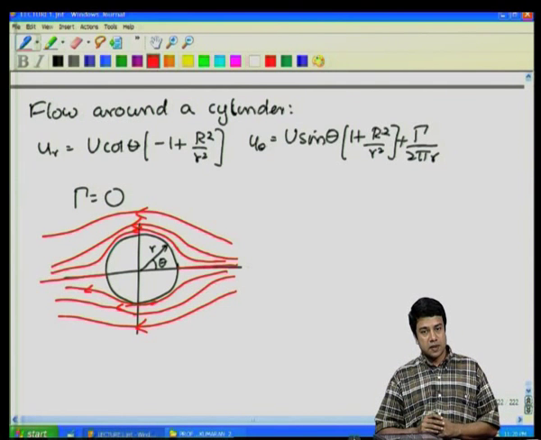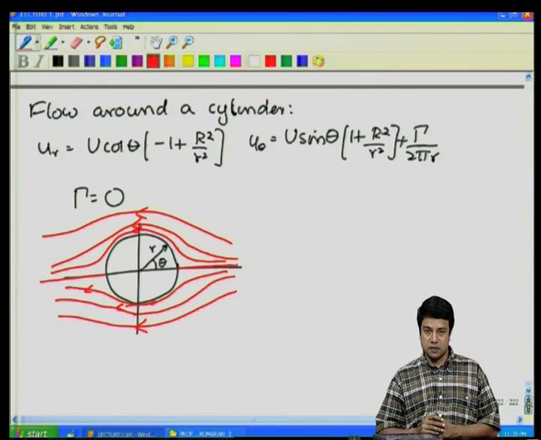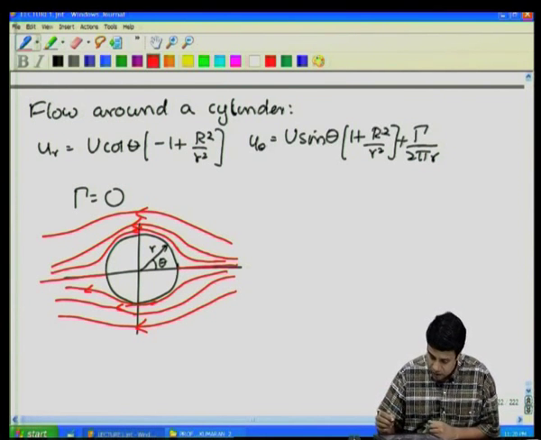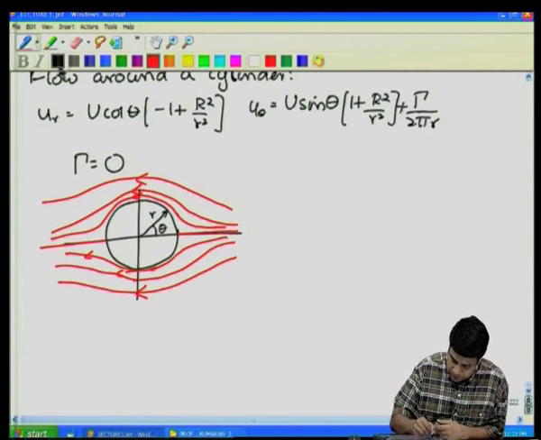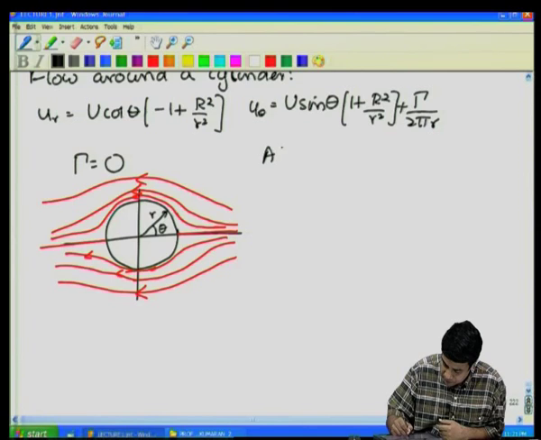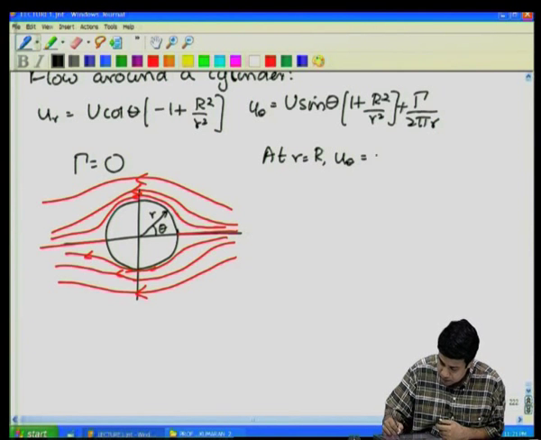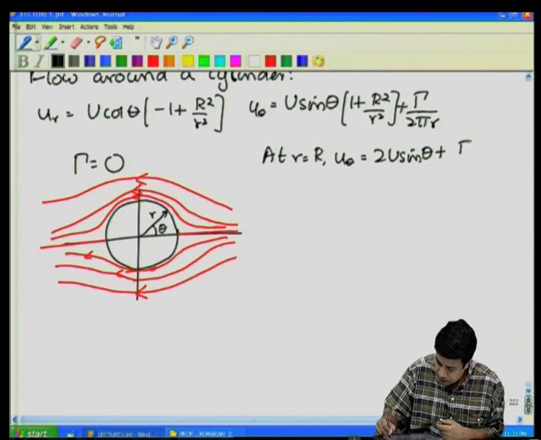Now, what happens when gamma is not equal to 0? Let us look at where the stagnation points on the surface of the cylinder are when gamma is not equal to 0. At the surface of the cylinder, at r is equal to capital R, u theta is equal to 2 u sin theta plus gamma by 2 pi r.